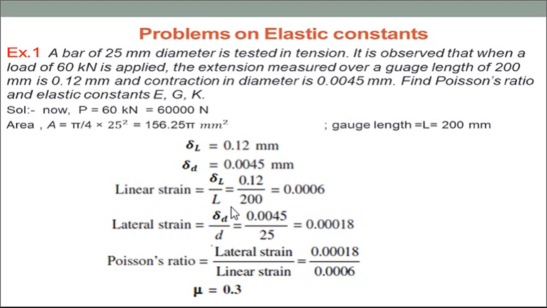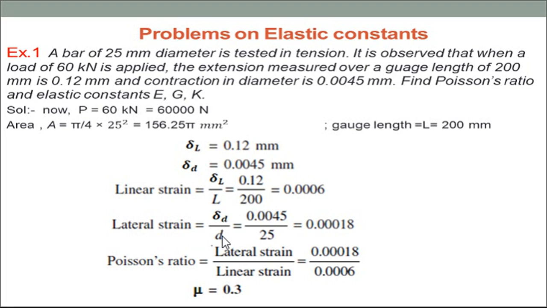we will calculate the linear strain. We have the formula: linear strain is the change in length divided by the original length. The change in length in the linear direction, delta L, is given, divided by the original length, which is also given. Putting in the values, 0.12 divided by 200, we get 0.0006. Lateral strain we can also calculate, because the lateral deformation delta D and the original diameter are given in the problem.